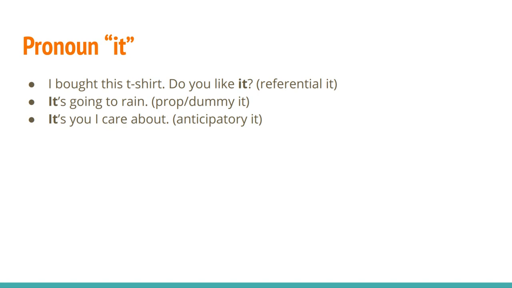All right? But then we have the second case: it's going to rain. This is called prop it or dummy it. And it's basically used to fill the role of the subject. All right? In English, we always need to mention what we're talking about. It's not like in Spanish.